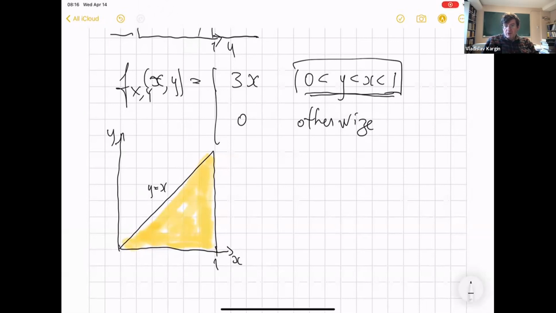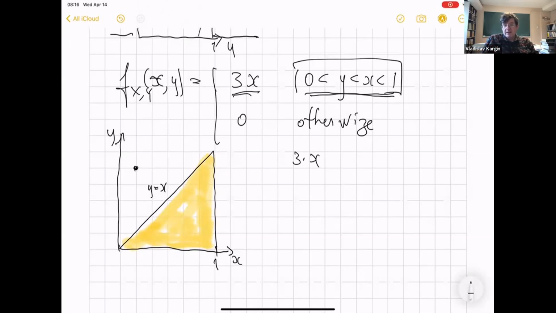Although it appears that this is 3 times x, you cannot write it really as 3 times x, because if you look at the values of the random variable outside the triangle, the value of the joint density is equal to 0. It's not equal to the product 3 times x.